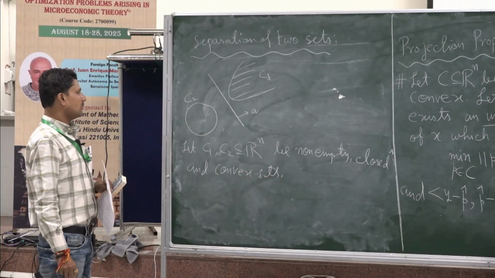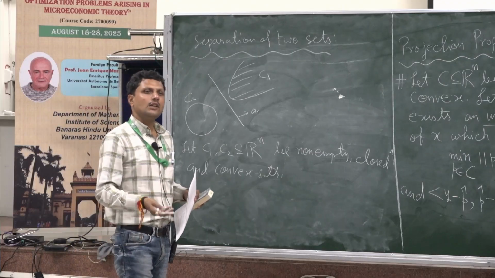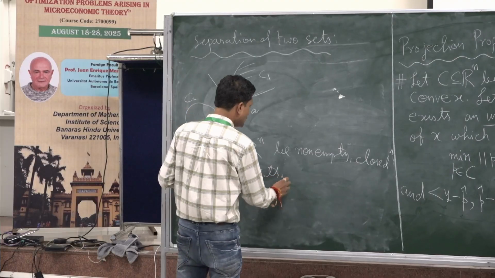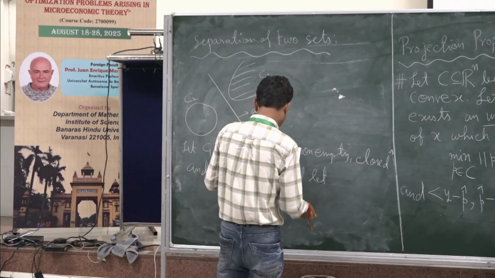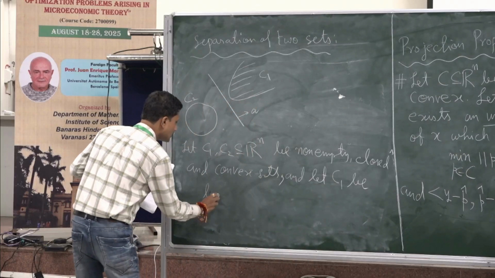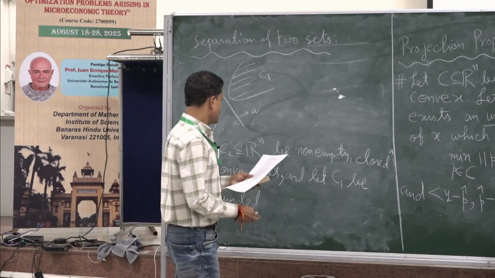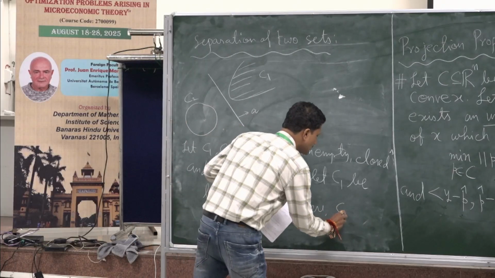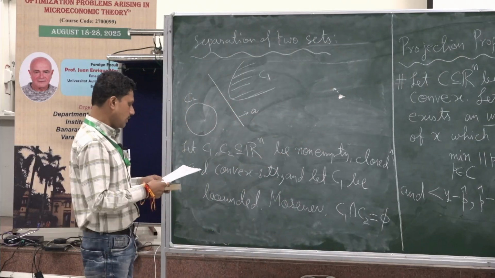But now, along with these non-empty closed and convex sets, we need another property of the sets, which is that they must be bounded in Rn, or compact in general. So let this C1 be bounded. And then this set C1 intersection C2 is empty, right? There is no common point in between.